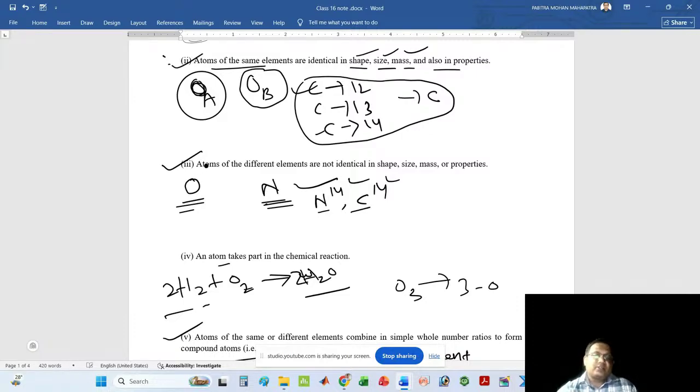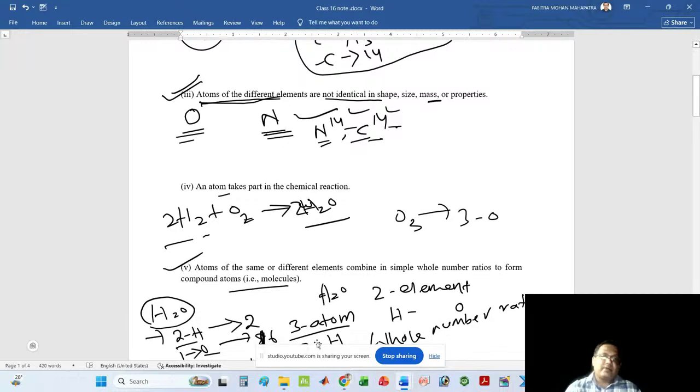As per Dalton's atomic theory, the postulate says atoms of different elements are not identical in mass, but here the mass is the same, so they are identical. So after the discovery of isobars, this point is invalid.